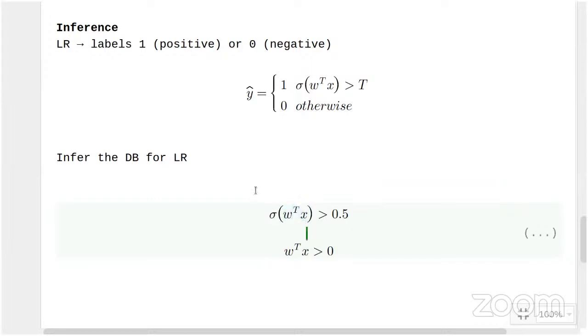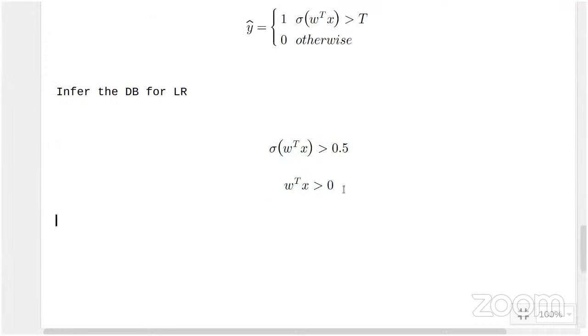So the set of data points that will be classified as 1 belong to the half plane W transpose X greater than 0. Likewise, the other half plane will be W transpose X less than 0. So your decision boundary in the case of logistic regression ends up being W transpose X equal to 0.